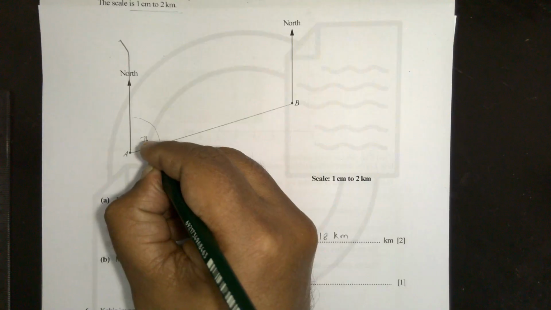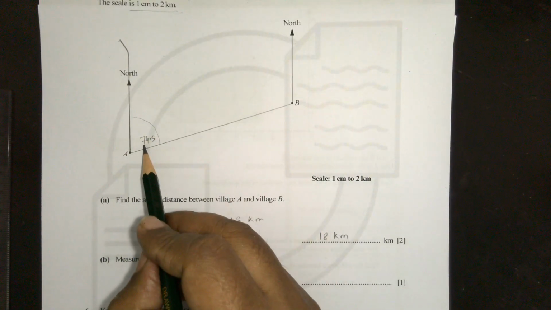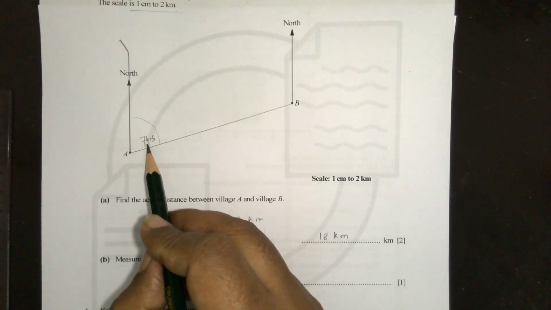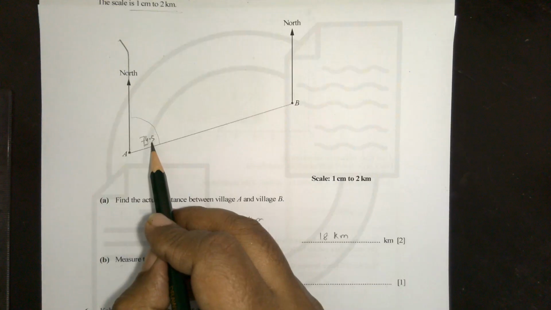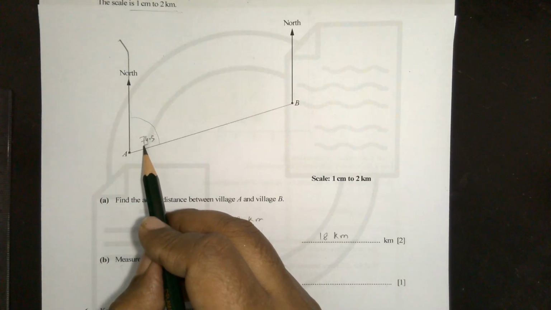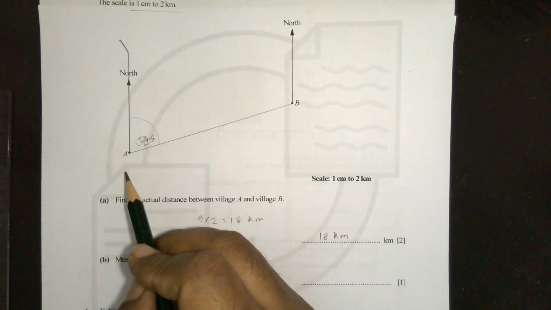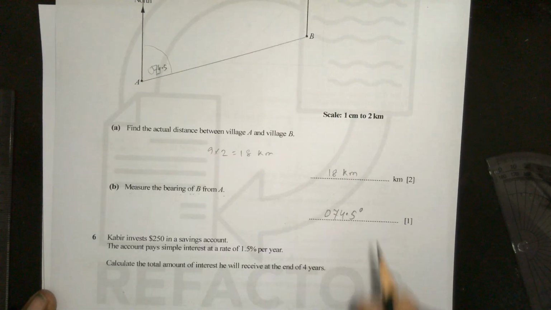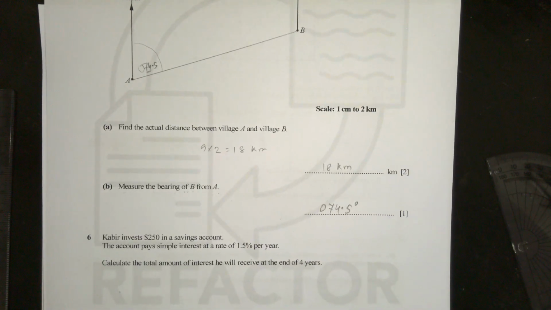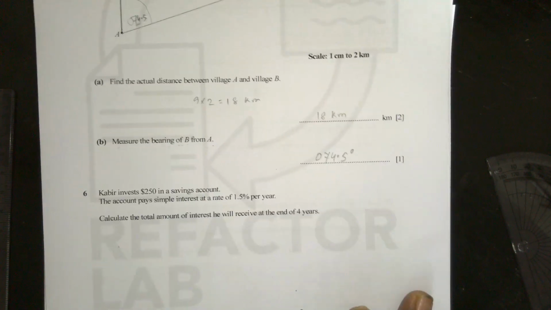So I'm writing this angle as 74.5, but this is a bearing, right? I cannot write the angle of a bearing in 2 digits. The digit after the decimal doesn't count as counting digits, so we have to place a leading 0. So the answer will be 074.5 degrees. Clear? Clear. Yes, sir, clear.